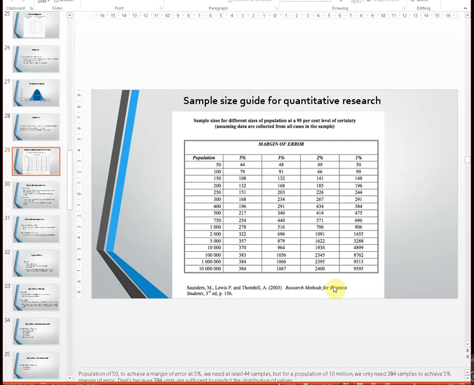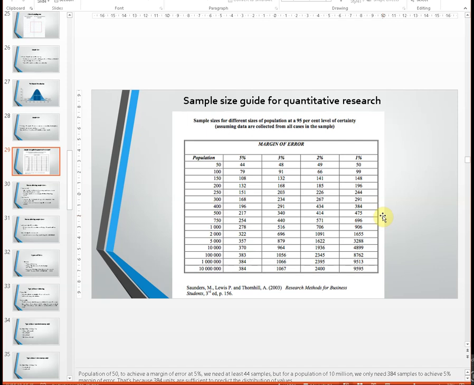That is saying that to get a 95% confidence interval in terms of any conclusion for a quantitative research, you need to have such and such number of samples for such and such size of population.